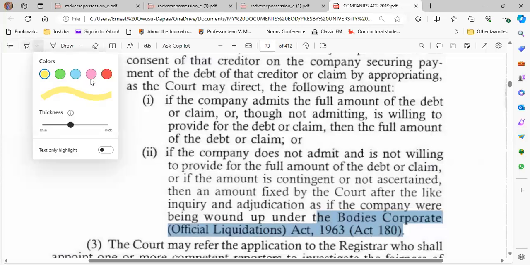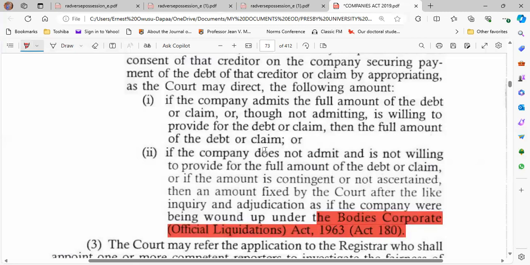Okay, so this one is gone now. Let's insert the text.